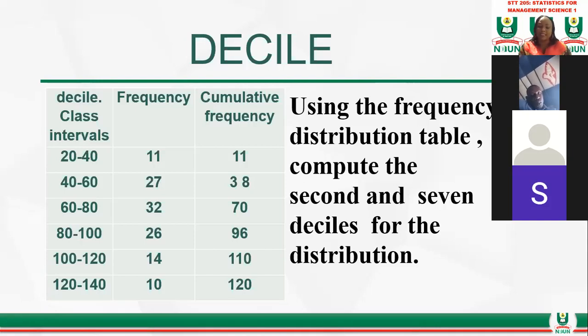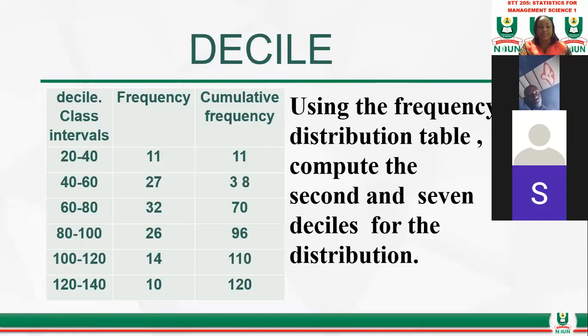It must not be only first and second quartile. This example will help us go through that. Using the frequency table, compute the second and the seventh decile for the distribution. I'm going to illustrate using one, and you follow the same pattern and compute the other one.